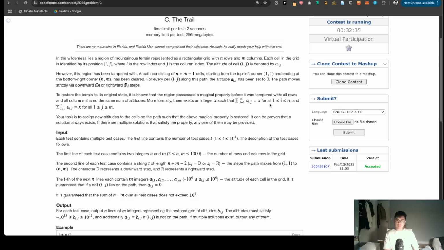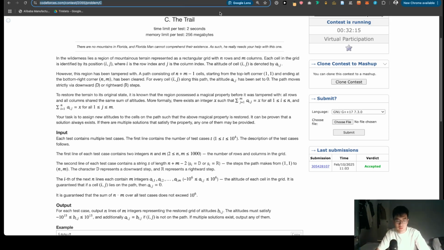It's just not obvious to prove it. I instantly had the idea of summing it to 0, but I was not convinced that it would work. So I was like, let me prove it, which I think was fine, but I just don't know how you can prove it. So we're just gonna go to the tutorial.